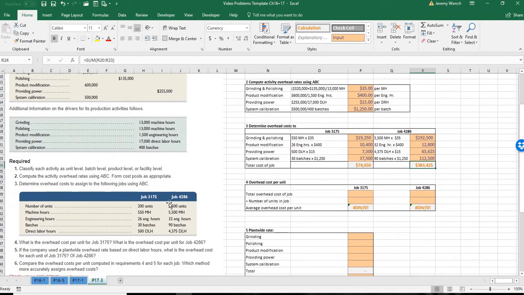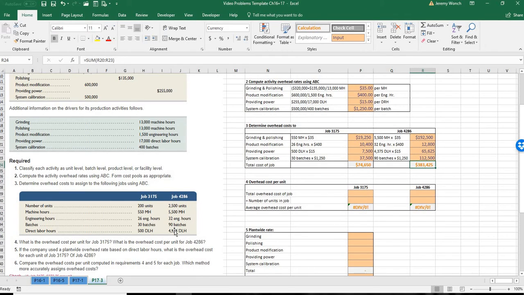In part 4, it says, what is the overhead cost per unit for job 3175 and the overhead cost per unit for job 4286? So the total job cost for job 3175 is calculated here.